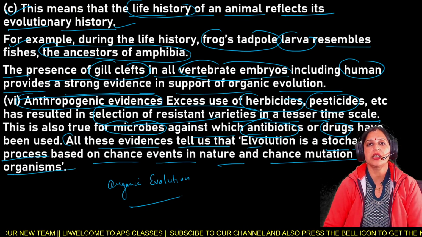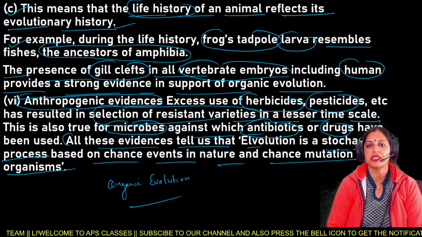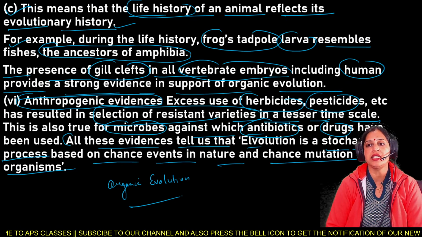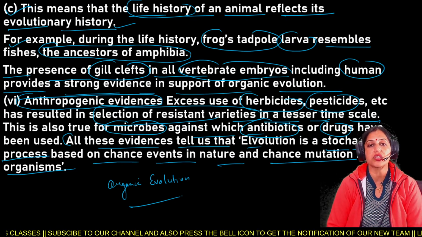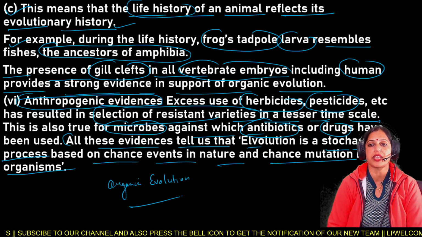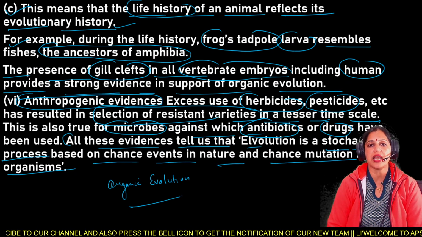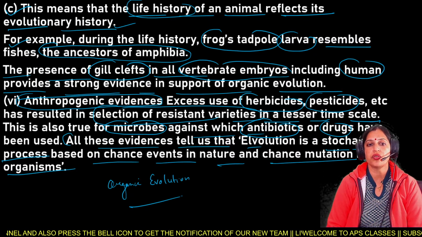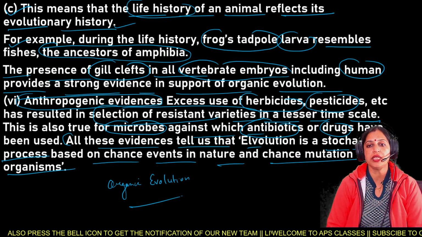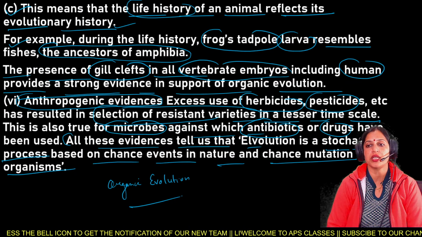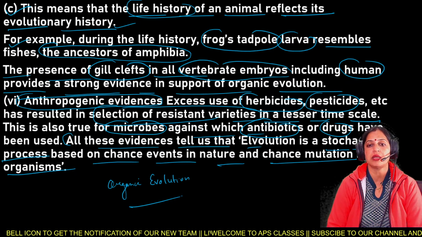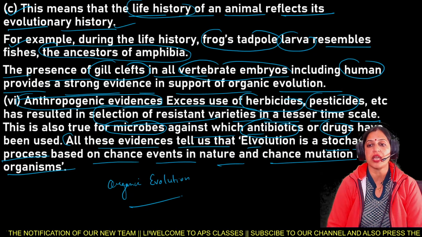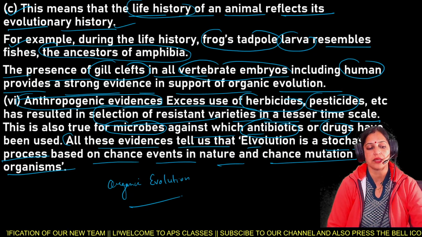In anthropogenic evidences, excess use of herbicides, pesticides, etc. has resulted in the selection of resistant varieties in a lesser time scale, and this is also true for microbes against which antibiotics as well as drugs have been used. So evolution is a stochastic process based on chance events in nature and chance mutation in the organisms.